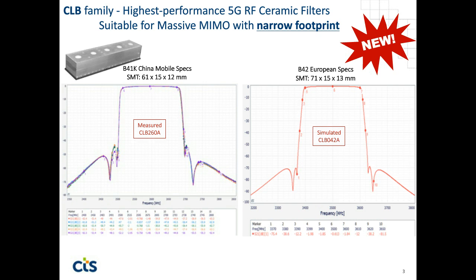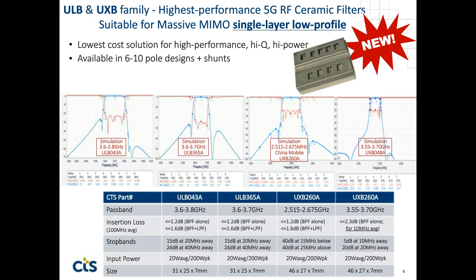Another two families that we have introduced are what we call a single-layer low-profile design. These would be used instead of the CLB when you're looking for similar power and similar performance handling as the CLB, but you need the lower profile approach. The two form factors just differ in the number of poles of the filter and therefore the size.